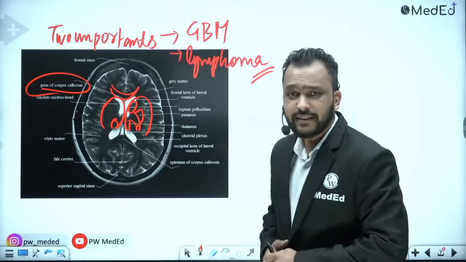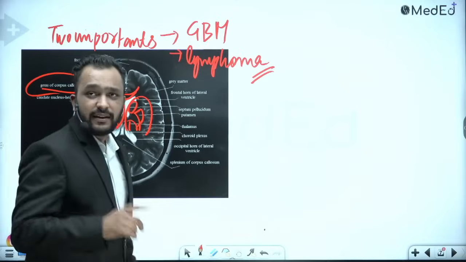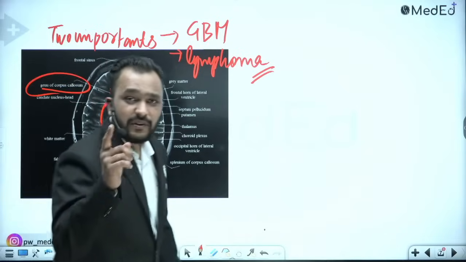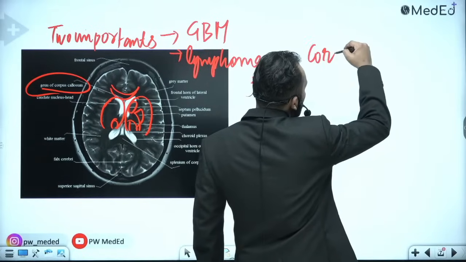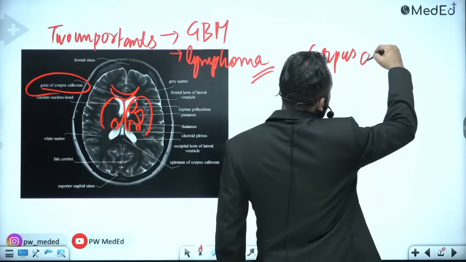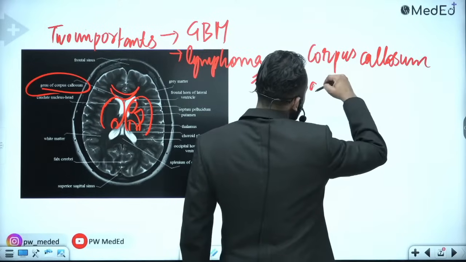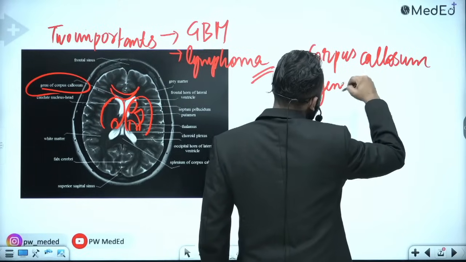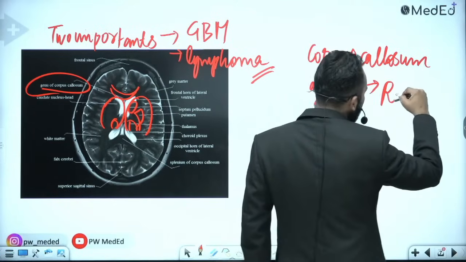What is that condition? And what is the name of the sign? When you see that corpus callosum is absent in a patient, that is corpus callosum agenesis, in which corpus callosum will be absent, and you will see a racing car sign.